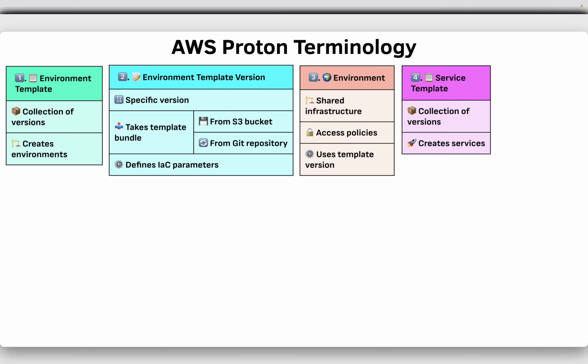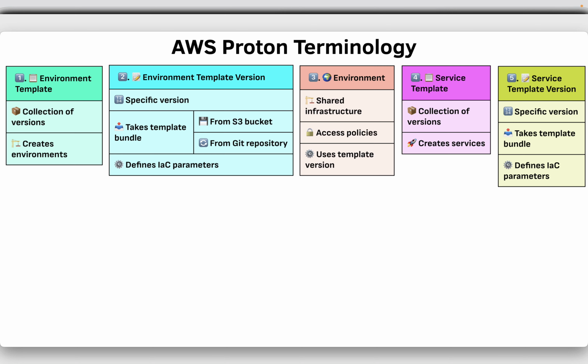Then we have service template, which is a collection of service template versions that can be used to create AWS Proton services. We have service template version, a specific version of a service template. It takes a template bundle as input, either from a S3 bucket or from a Git repository.